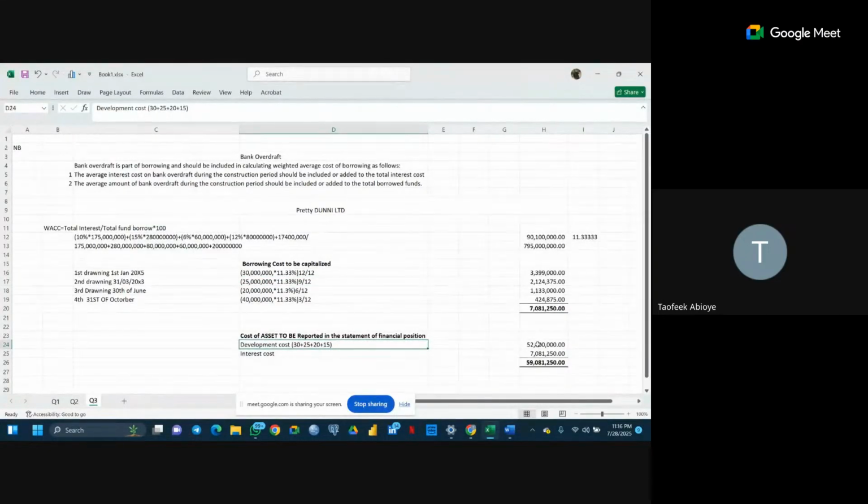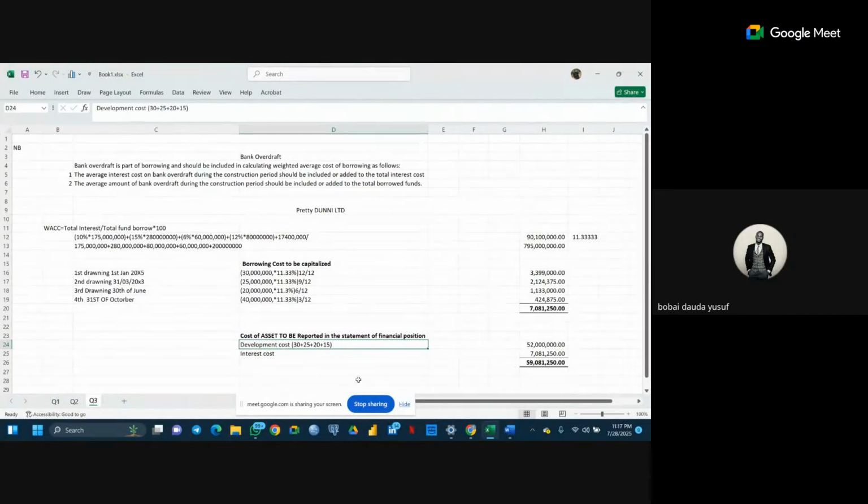Let's do this together. So you say it's not 90? It's 90. No, 90 is the interest. Is it 90 if we add everything here together? No, it's the development cost, 115. What do you say? Development cost is 90.